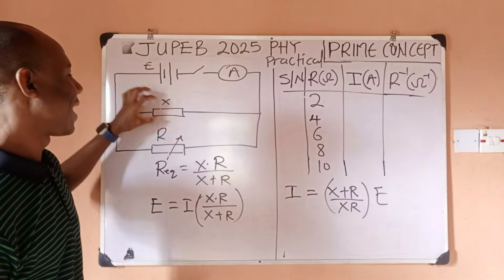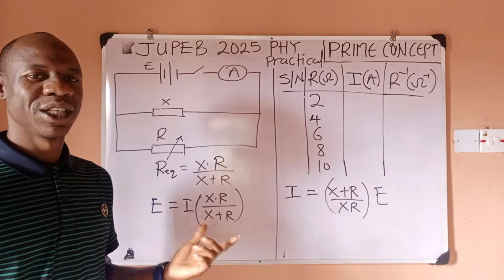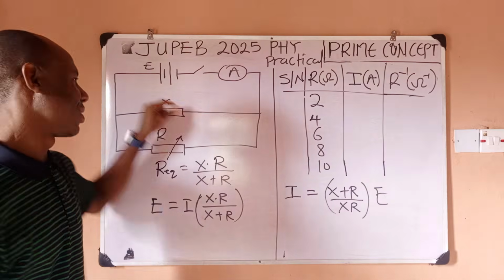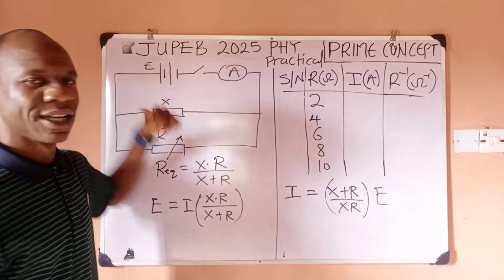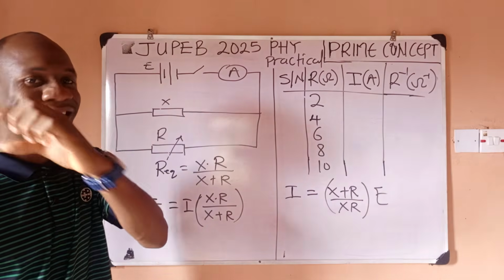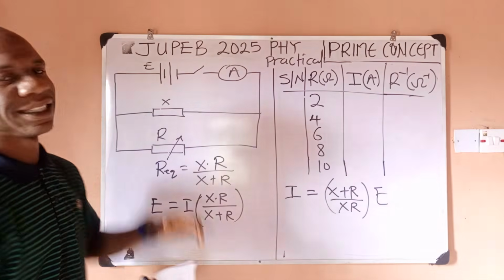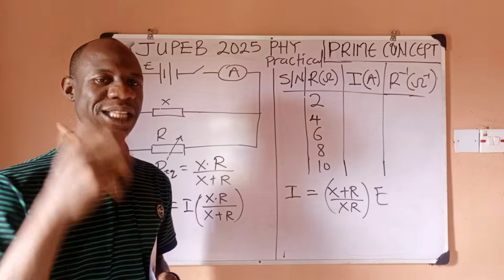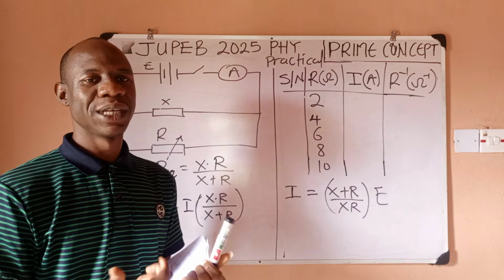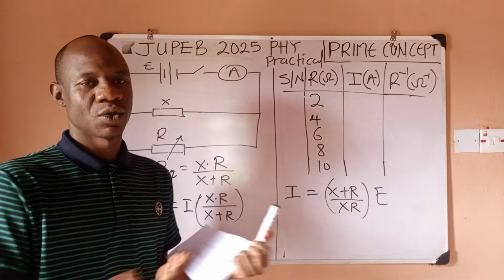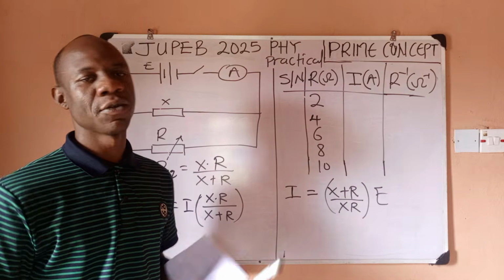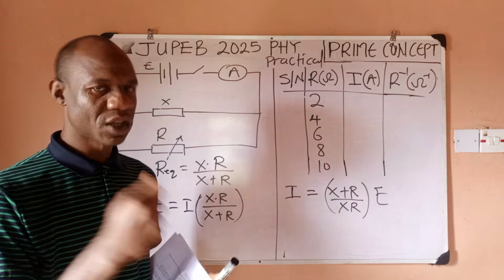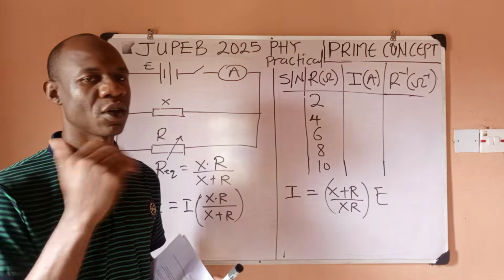Now, they said X is a standard resistor, which under your exam condition will be sealed. That's why it is X, so that you won't know the value, because the secret to the experiment lies in X. But for your electricity experiment, your standard resistors always range between 1 ohm to about 5 or 6 ohms. Most times they give you 1 ohm or 2 ohms.